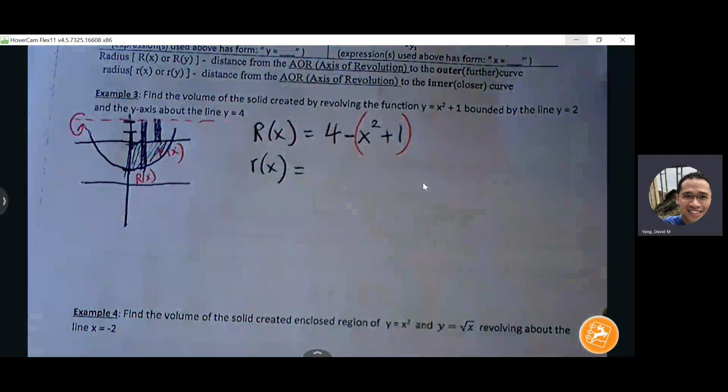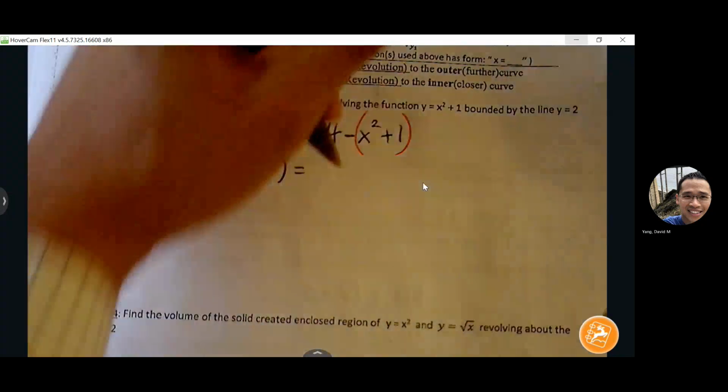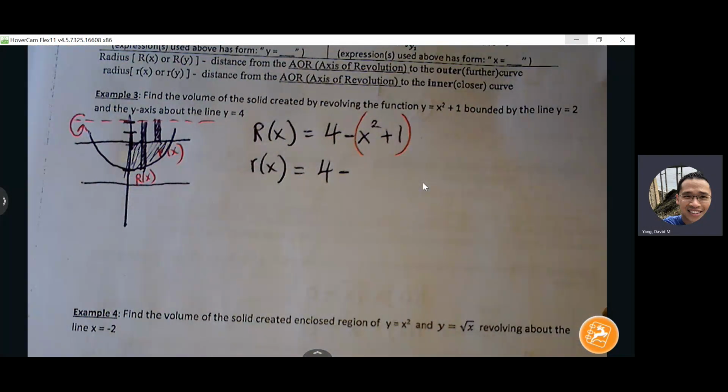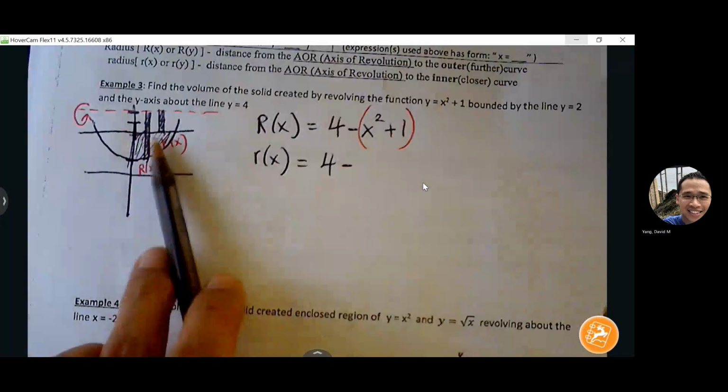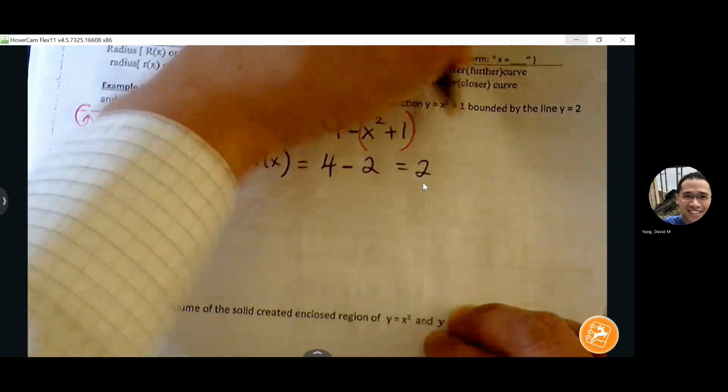Okay, look at the location of your little r. What's the top of little radius sitting on? 4. Okay, what's the bottom of little radius sitting on? The 2. That's it.